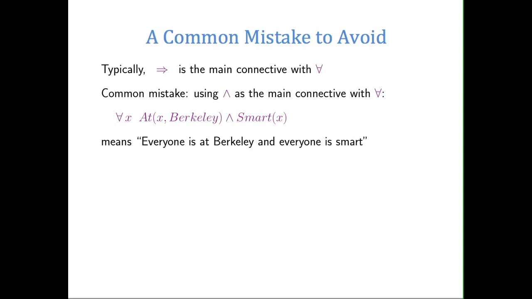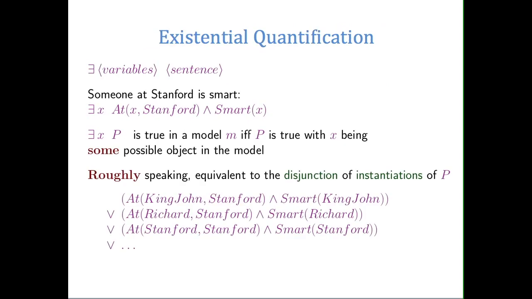What it means is that this is true for all x, so whatever the value of x is, they're at Berkeley and they're smart. Basically, for all the possible instantiations of x, everyone is at Berkeley and everyone is smart. So you're going to be smart and use implication rather than and normally when you are using universal quantification.